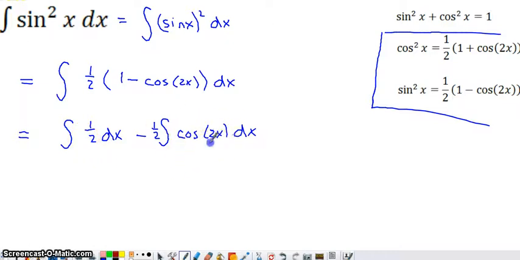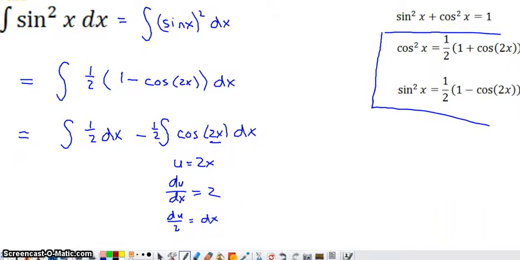We do still have this inner function sitting right here, so we are going to want to let u equal 2x and make sure we go through the substitution steps in order to pick up the appropriate constant that's going to sneak into the mix there. But we're definitely going to be able to evaluate both of these integrals. I'll do the rest of the substitution steps here. So du dx would then be 2, and then du over 2 is what we're going to be able to put in place of the dx.